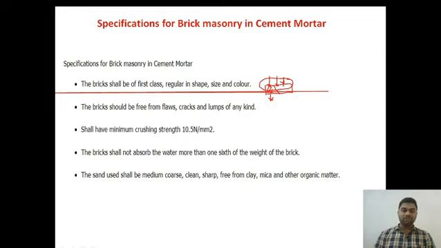The brick should be tested and should have a minimum crushing strength of 10.5 Newton per mm square. The bricks shall not absorb water more than 1/6 of the weight of the brick.